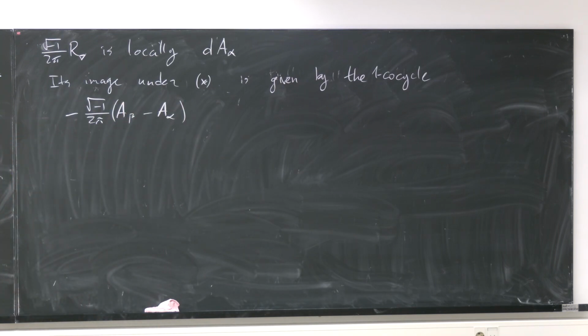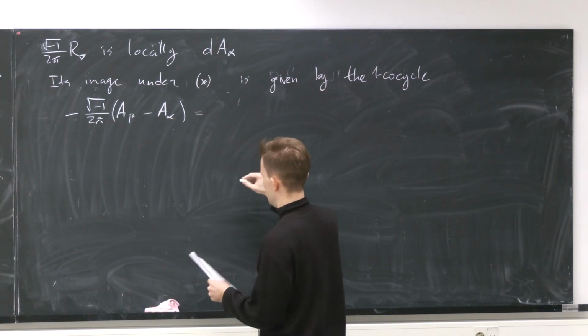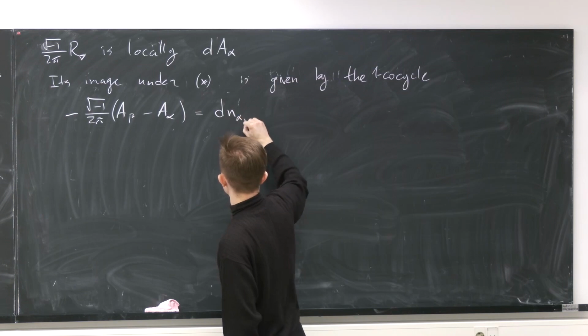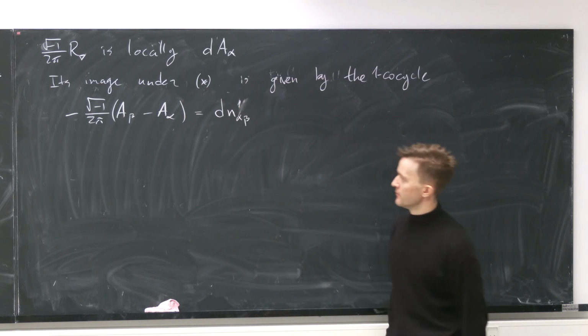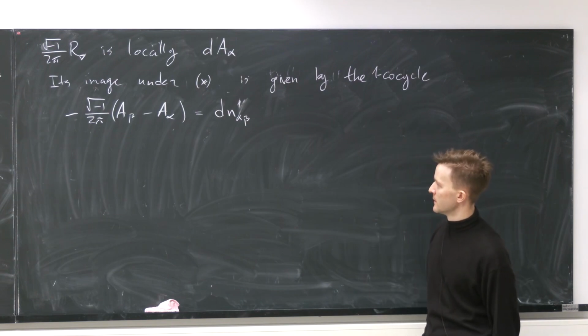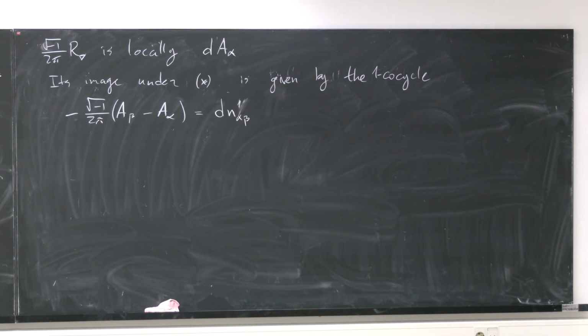I'm sorry, but there is some convention with signs, and it is correct to put a minus here. Then if we look at this expression, this is the same as d n alpha beta prime. Okay, so this is now a one-cocycle which gives me a cohomology class in H1 of I1.